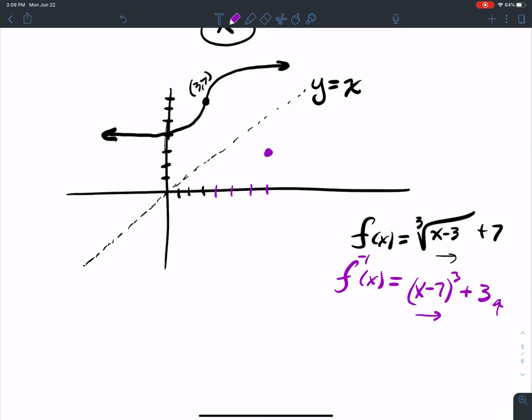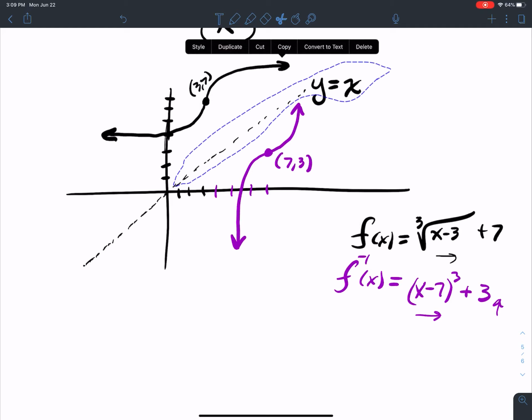So my cube root goes up like this and then down like that. And this is (7, 3) here. Maybe I should make the dots look a little bit better here.